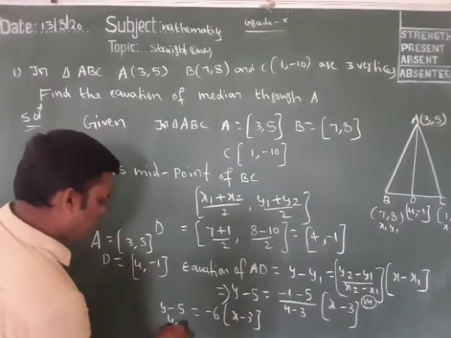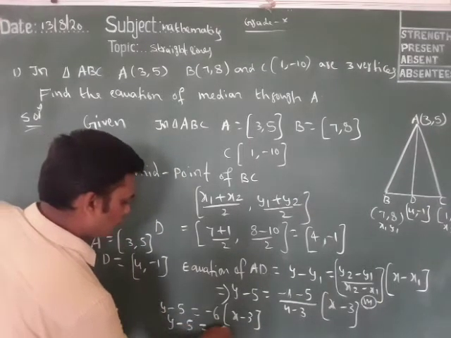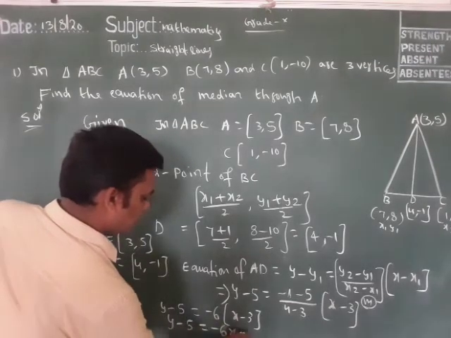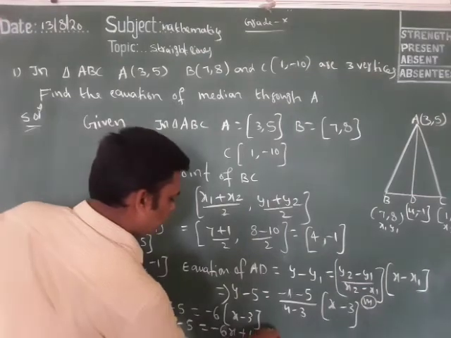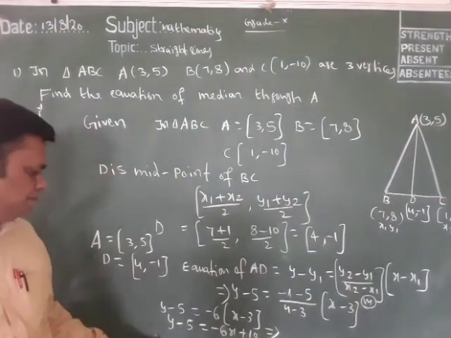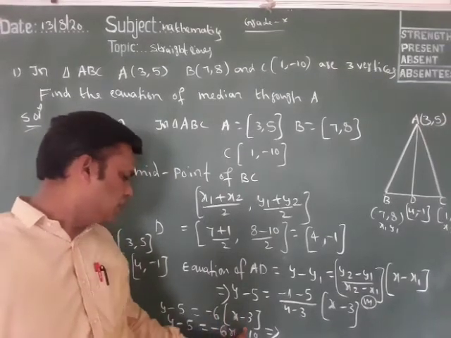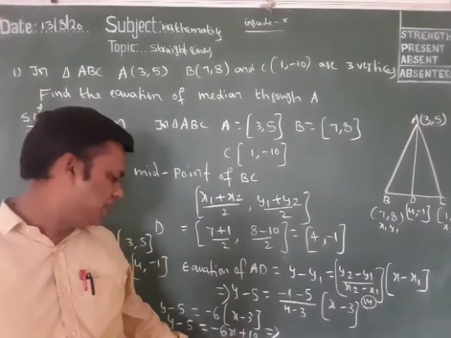Now y minus 5 equals minus 6x plus 18, since minus 6 into x is minus 6x and minus 6 into minus 3 is plus 18.